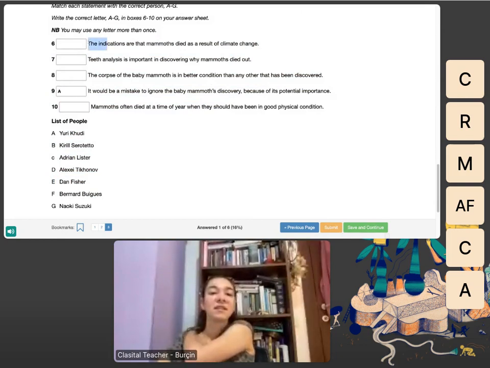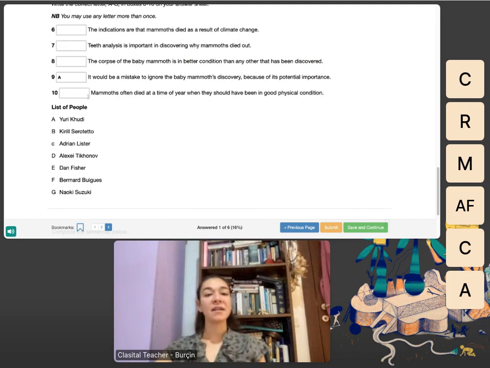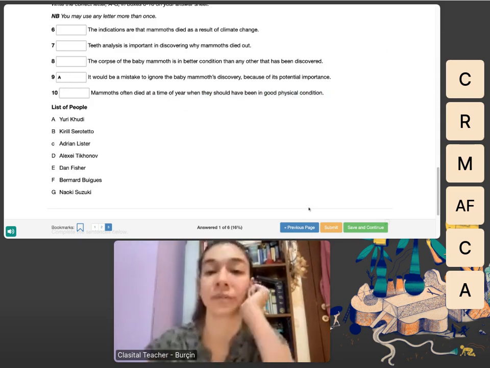It says the indications are that mammoths died as a result of the climate change. Teeth analysis is important in discovering why mammoths died out. The corpse of the baby mammoth is in better condition than any other that has been discovered, and mammoths often died at a time of the year when they should have been in good physical condition. Let's continue.